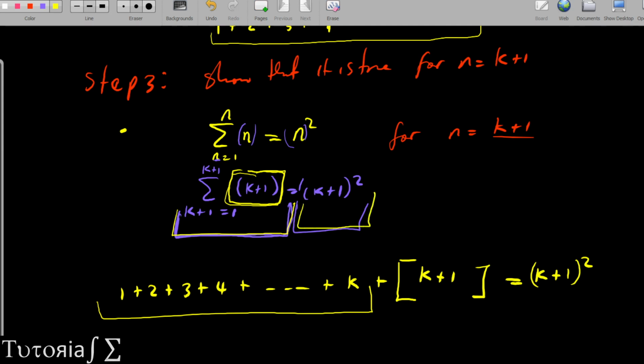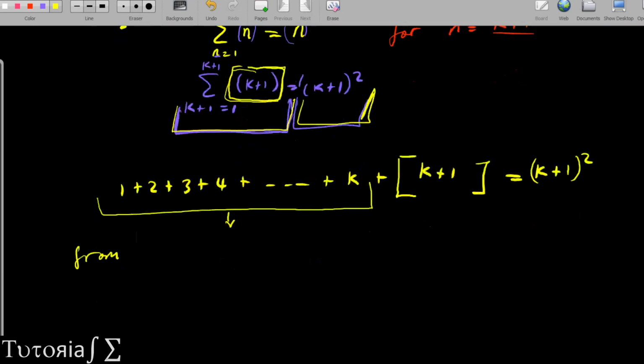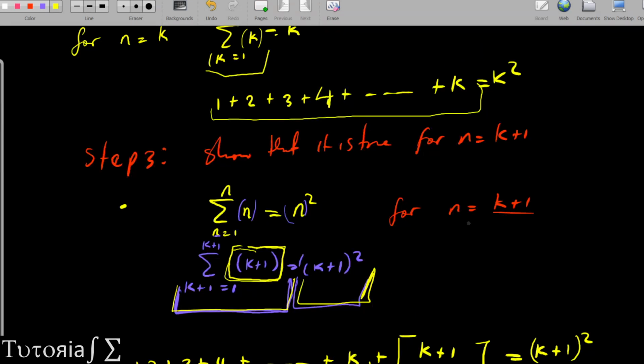Now you already know what this is from step 2. From step 2, 1 plus 2 plus 3 plus 4 plus all the way to plus k is equal to k squared.